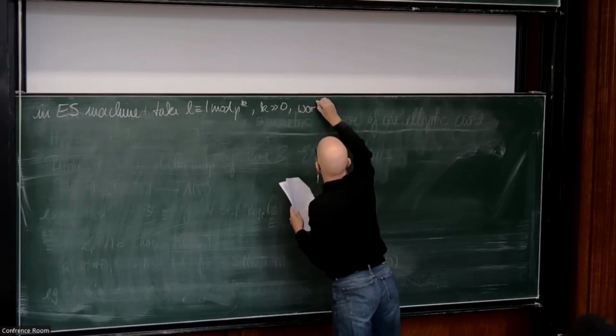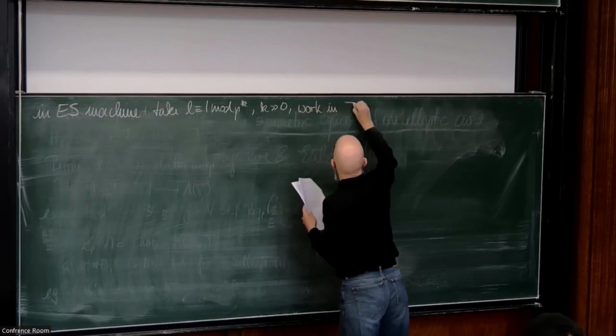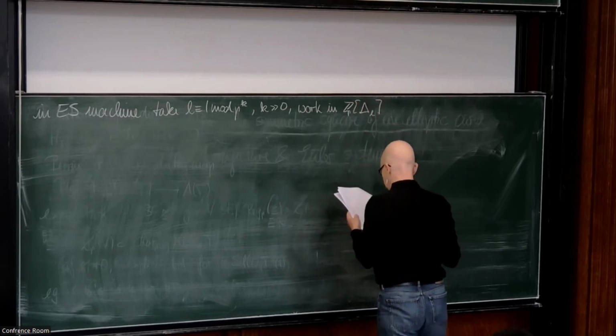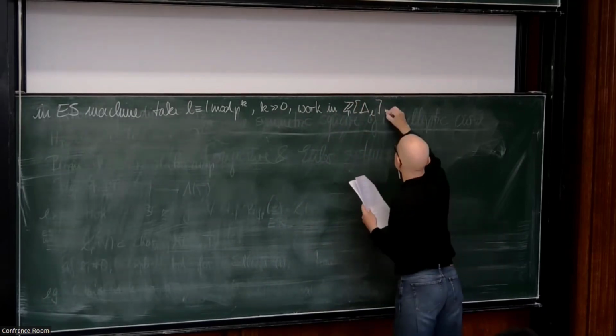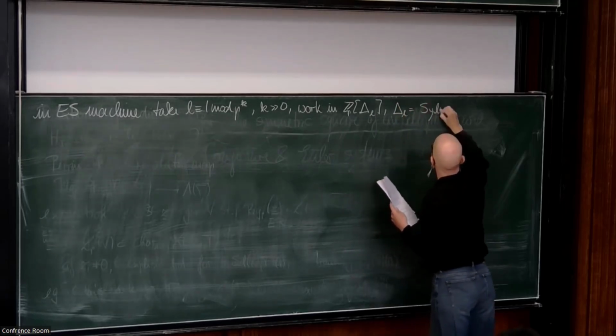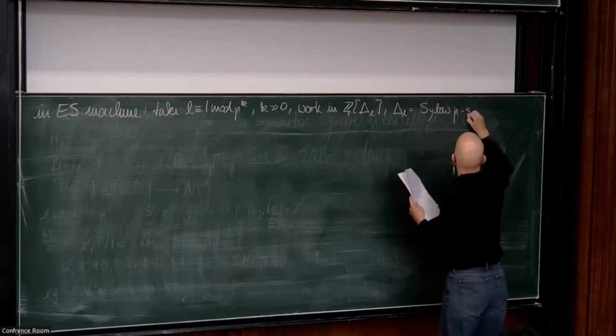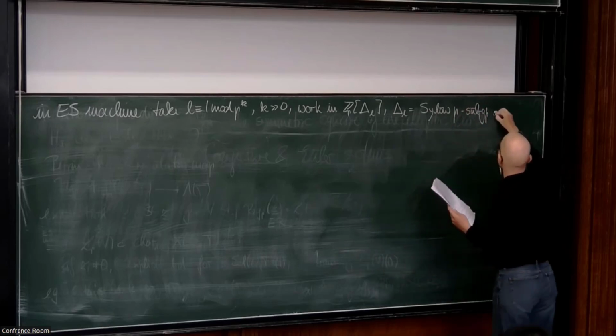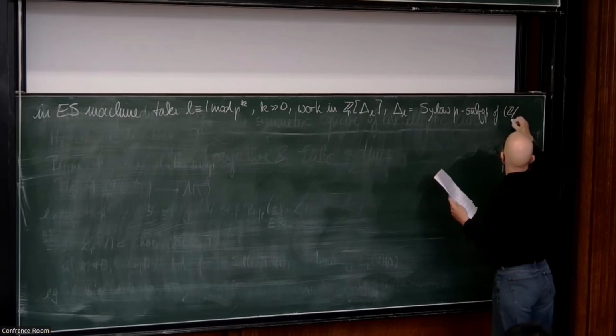We work in the group ring Z_p[Delta_L], where Delta_L is the p-part subgroup of (Z/LZ)*.